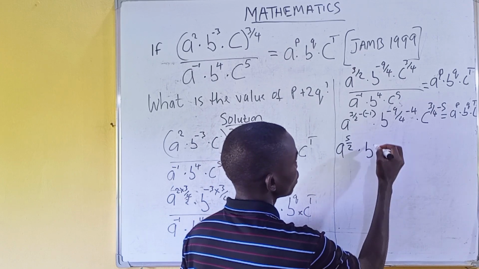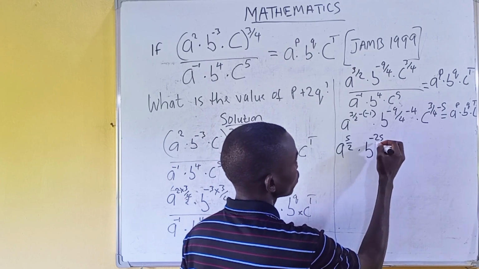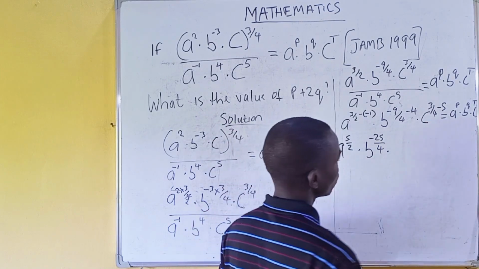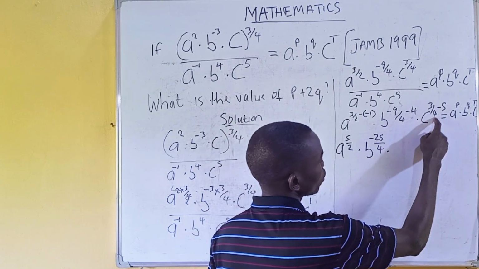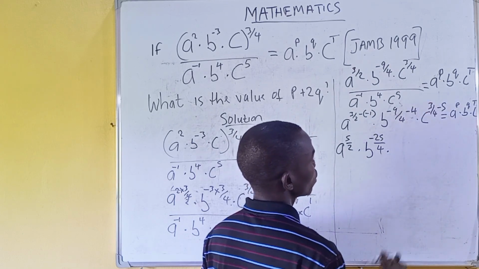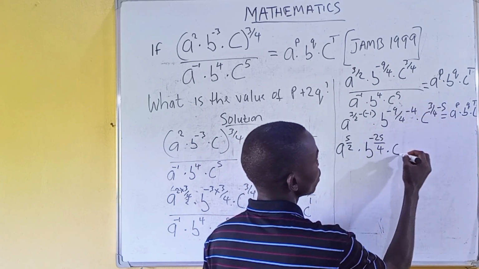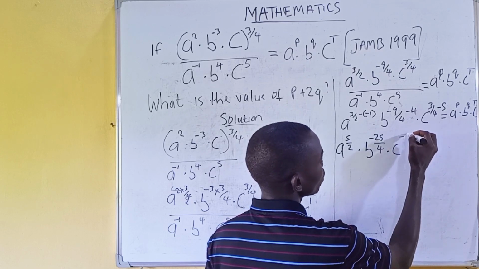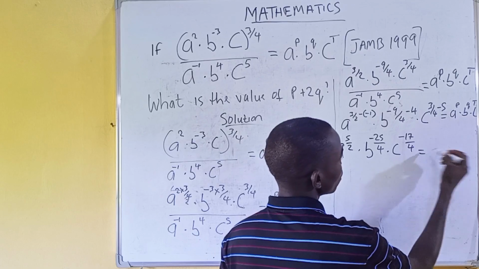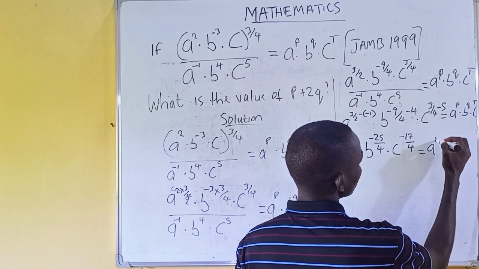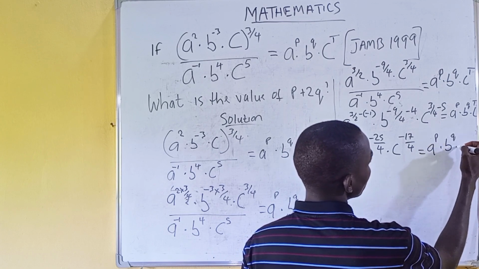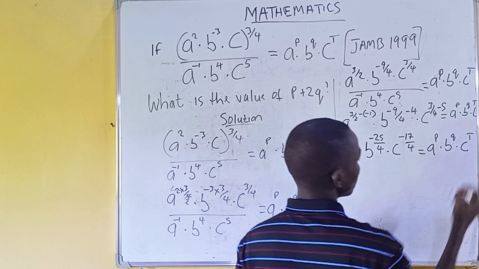Now b^(-25/4). Then in c, we have 4 times 5 will give you 20. Minus 3 will give you c^(-17/4), which is equal to a^p b^q c^t.